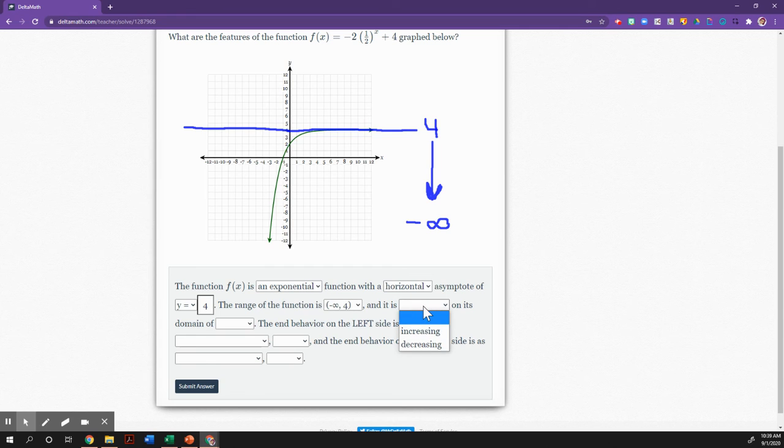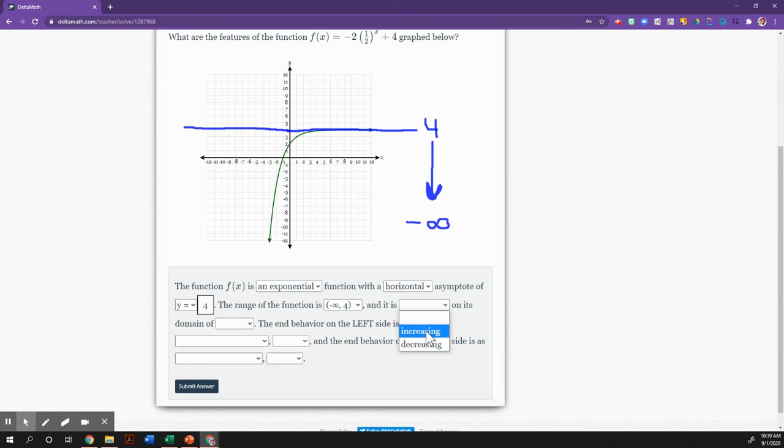What does it look like it's doing? Is it increasing or decreasing? Well, these y values are increasing.